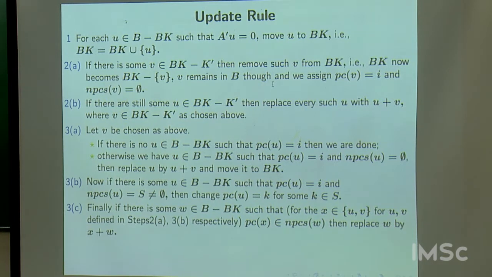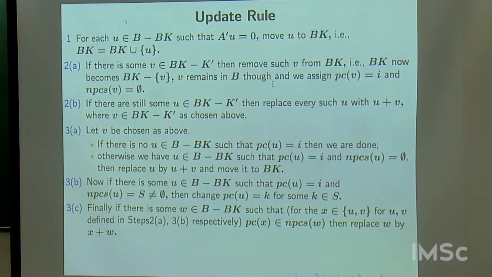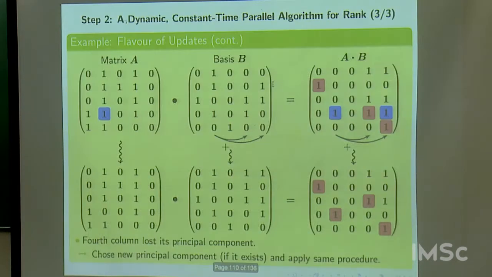Okay. So at the end of this, what do we know? We know, or take it on faith, that we can maintain the kernel basis for mod 2 computation in DynAC0. And if you go back to the previous slides, you will see that we are not using Z mod 2 very crucially anywhere.